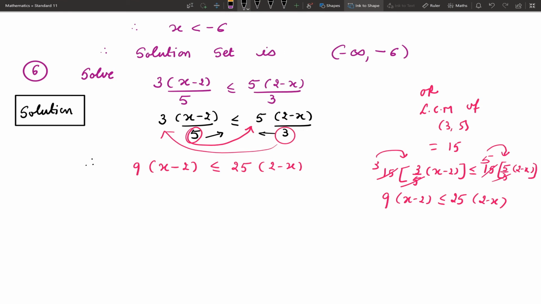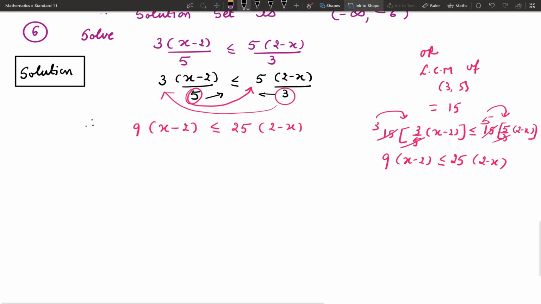Now we simplify. 9x, 9 into 2, 18, 25 into 2, 50, minus 25x. We transfer this term, so minus will become plus.